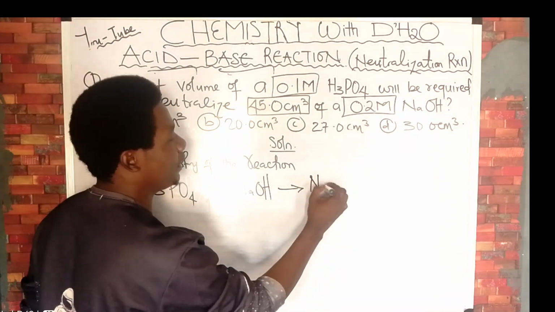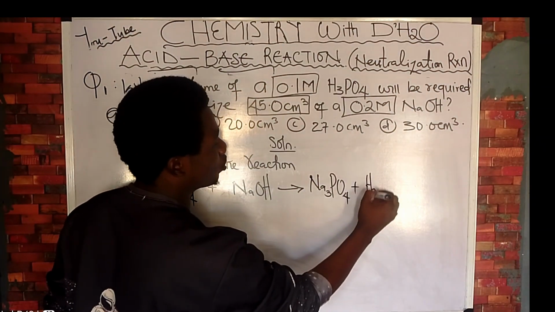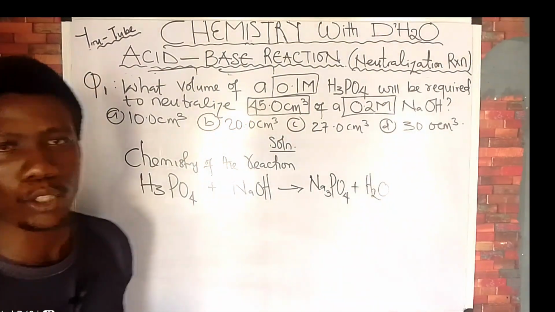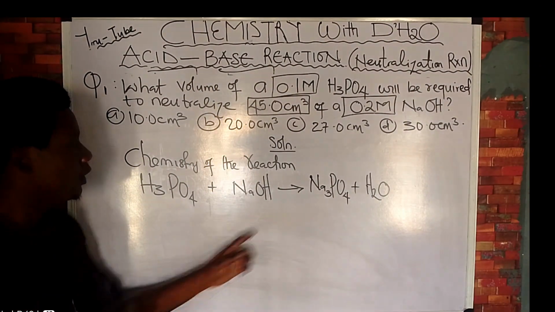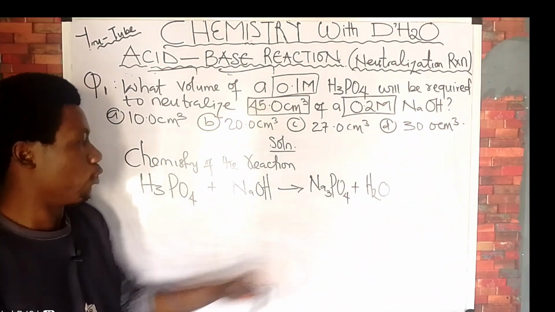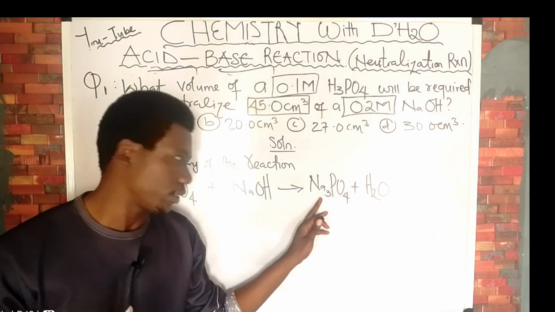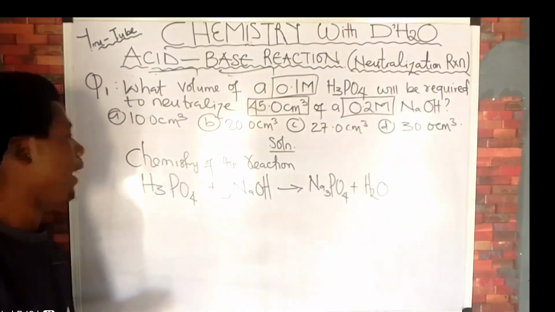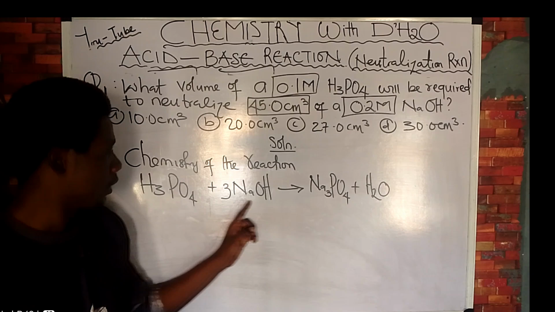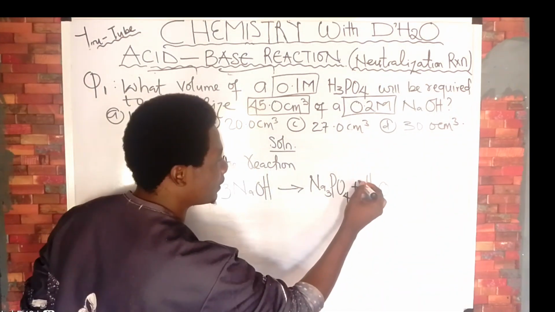So you have Na3PO4 plus H2O. What do we do now to balance the equation? As you can see, you have Na3PO4, so we are going to have 3 here so that the sodium becomes 3. Then you have PO4. The hydrogen is 3 here, then another 3 here, making it 6. So we add 3 here.